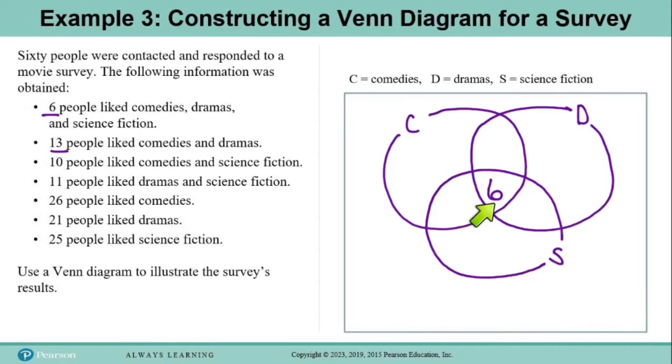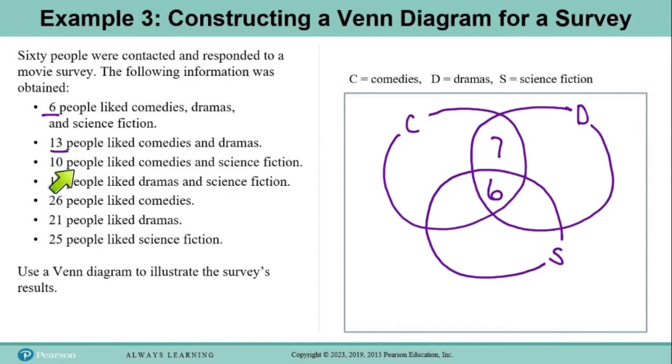So 13 minus 6 is 7. That means that there must be 7 people in this other area. Okay, so now do we have 13 people in the region where the comedies and dramas overlap? Yes, we do. 7 plus 6 is 13, so that takes care of that one.